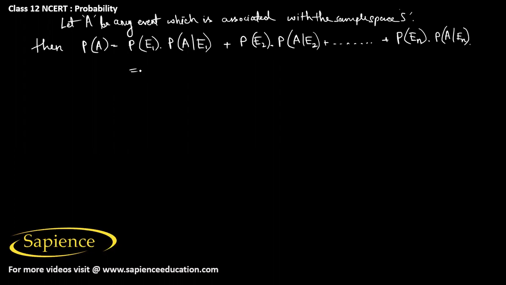Okay, so we can write it in summation form. Therefore, the probability of the event A is equal to the summation of j goes from 1 to n, probability of Ej times the probability of A given Ej has happened.